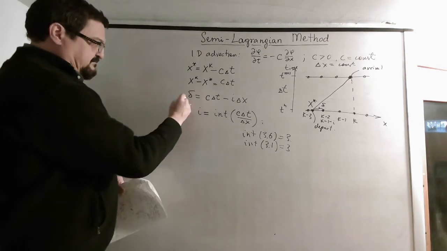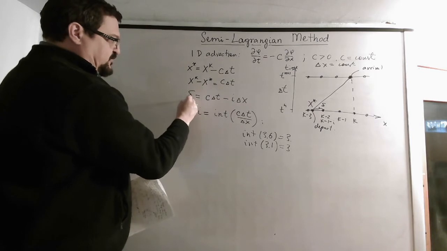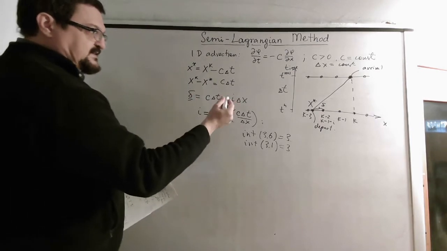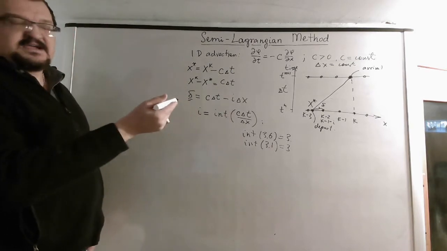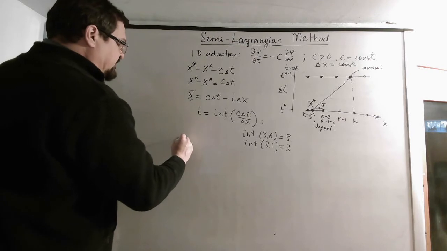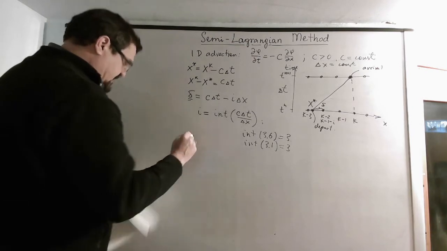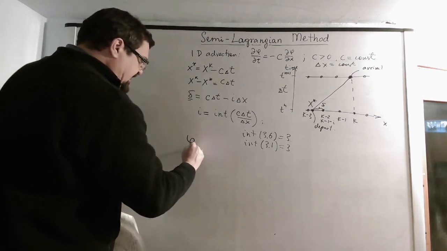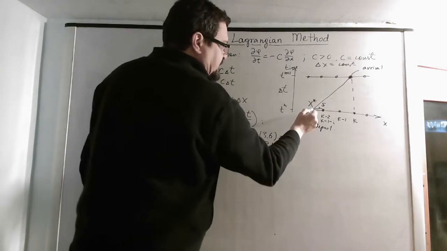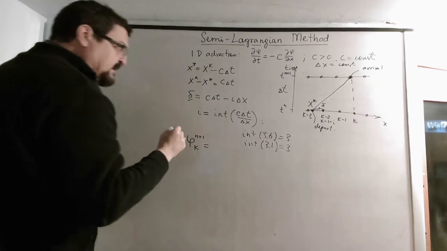So if you know I, you compute your delta, and then if you know delta, you can interpolate using the simple linear interpolation that we considered before. Then phi k at n plus 1 equals the value at this point.